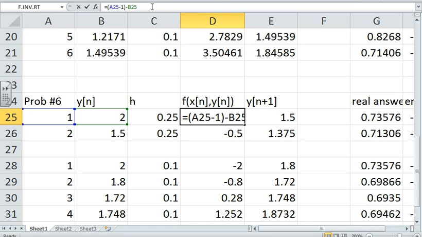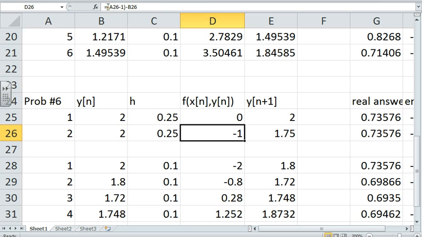So this is going to be minus 2 times, and I already have an x, so I'm going to keep it, times y. Y is going to be B25. So delete B25. Boom.